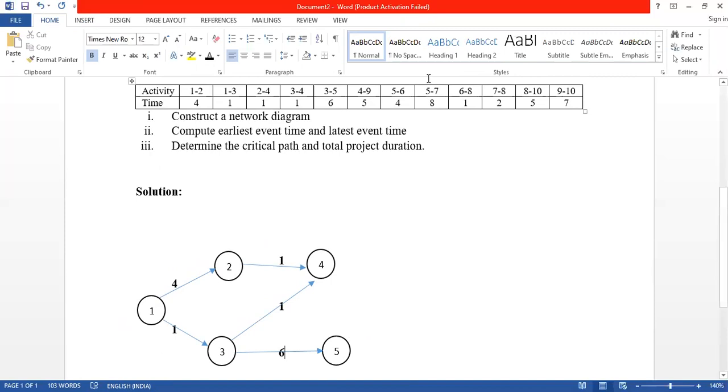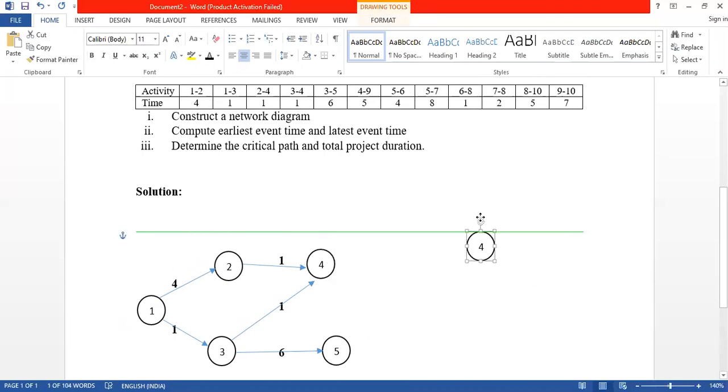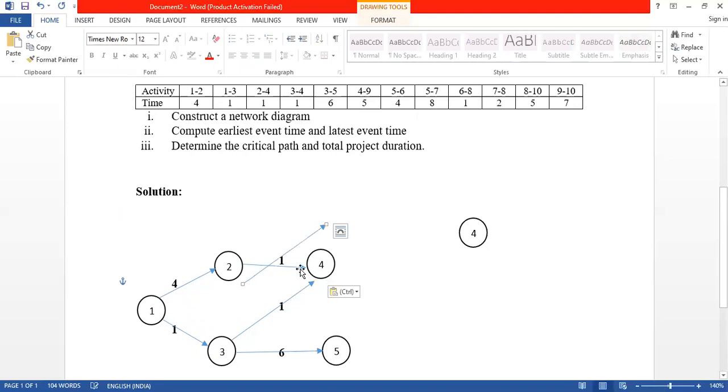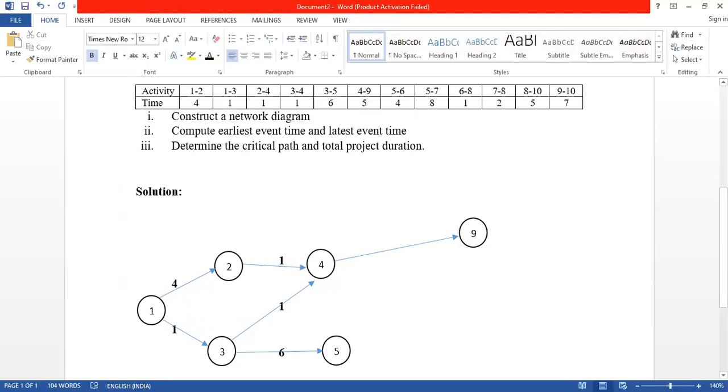Right? 4 is connected to 9. I'm keeping it here. Let us have this activity. So 4 is connected to 9. This is 9, right? And 4 to 9 is taking 5 hours of time.